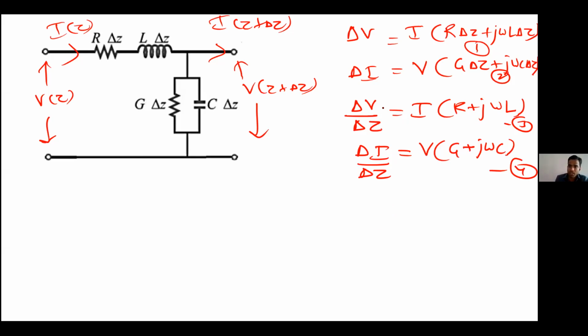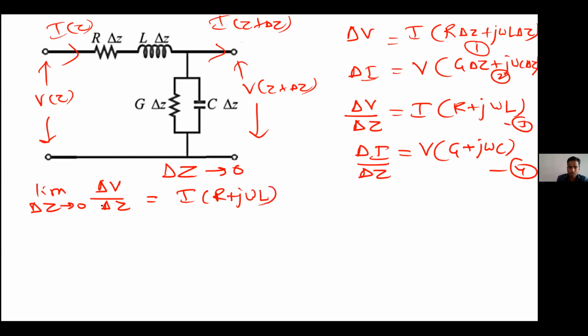Okay. So we have got the potential drop for the length delta z, the current difference for the length delta z. Fine. And our assumption was what? Our assumption was delta z was tending to 0. So what we can do is we can apply the limit, that limit delta z tending to 0, delta V by delta z. So this side, obviously this will be same, and similarly we can apply limit.